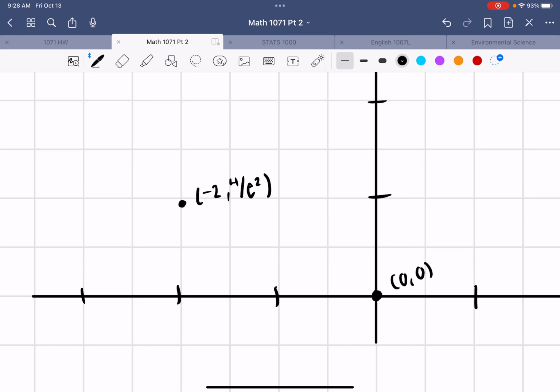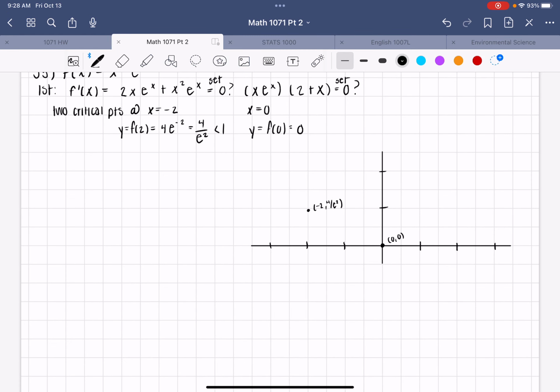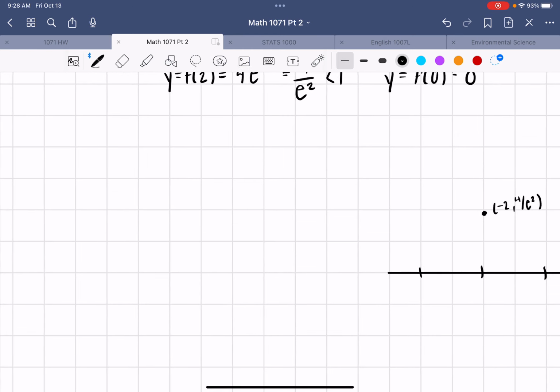So left of negative 2, between negative 2 and 0, and to the right of 0.